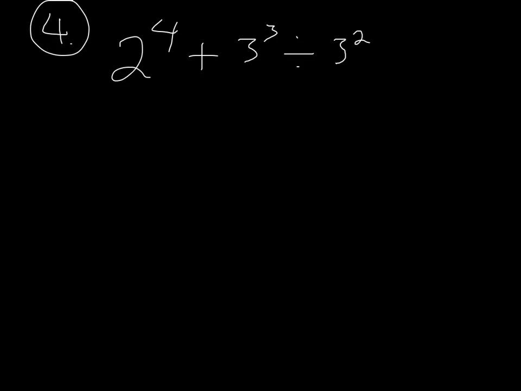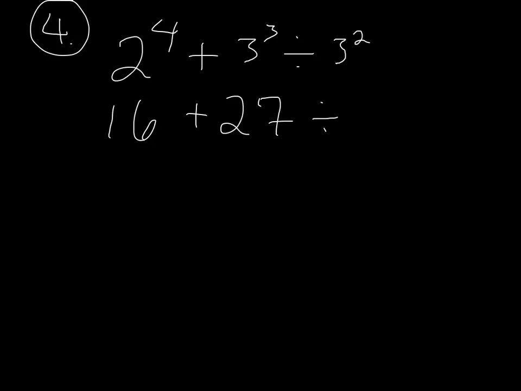Number 4 has 3 exponents here. So we'll start with those since there's no parentheses. 2 to the 4th is really 2 times 2 times 2 times 2. Well, 2 times 2 is 4, times 2 is 8, times our last 2 is 16. So 2 to the 4th is 16. Plus 3 to the 3rd is 3 times 3 times 3. 3 times 3 is 9. 9 times 3 is 27. Bring down our division symbol.